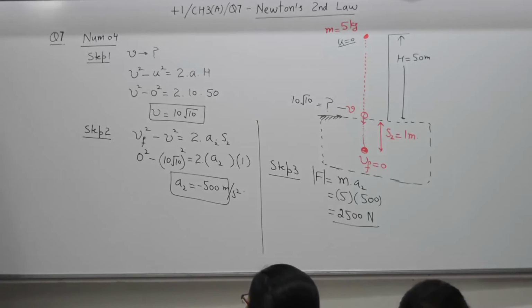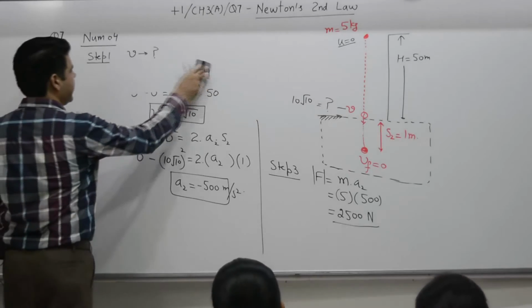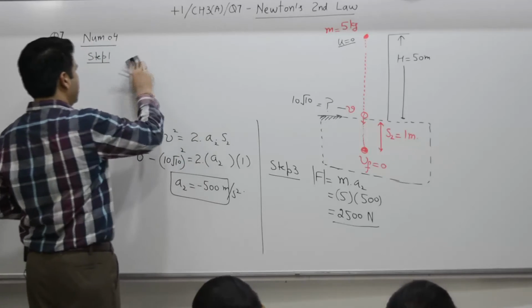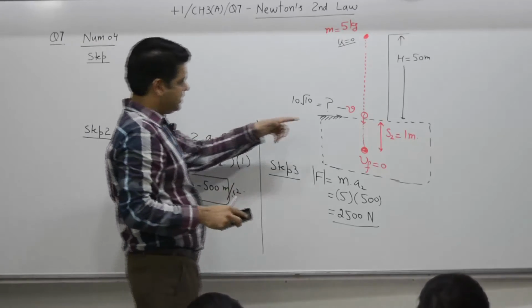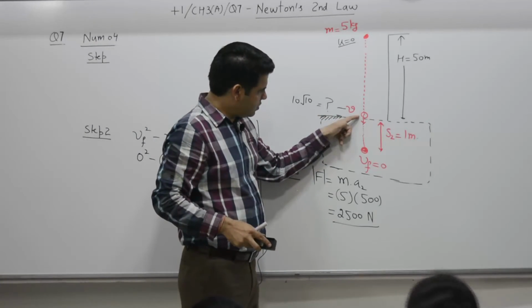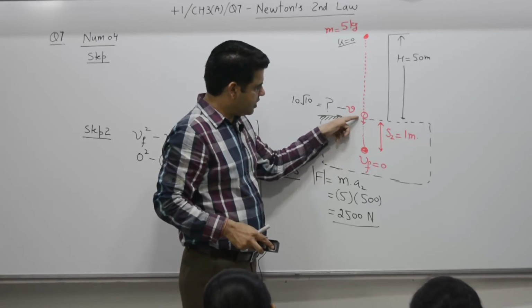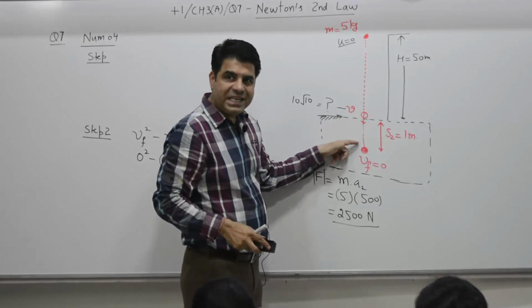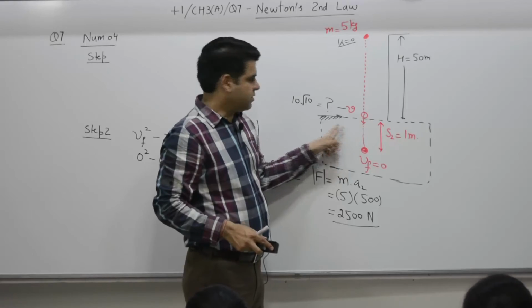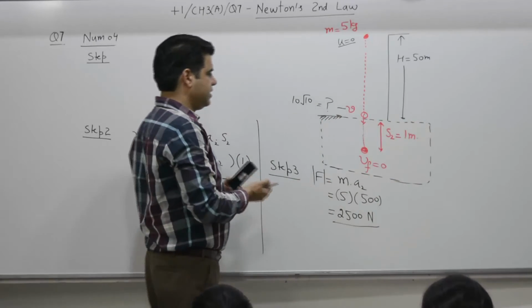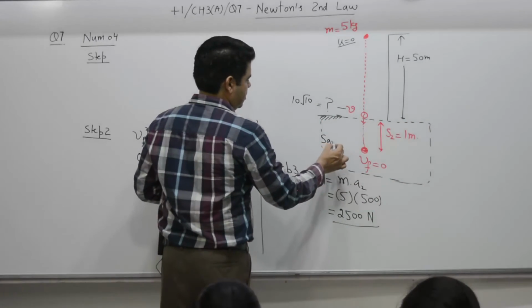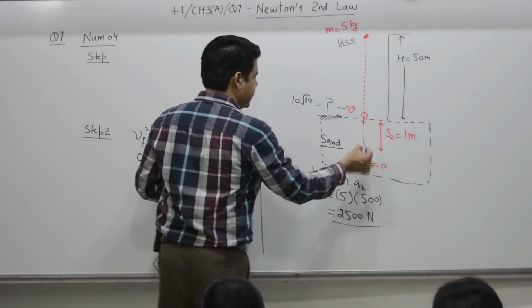Step 4, find out time. How much time does it take for the particle to go from speed v to vf, or time of journey in sand. This part is sand. So journey time in sand.